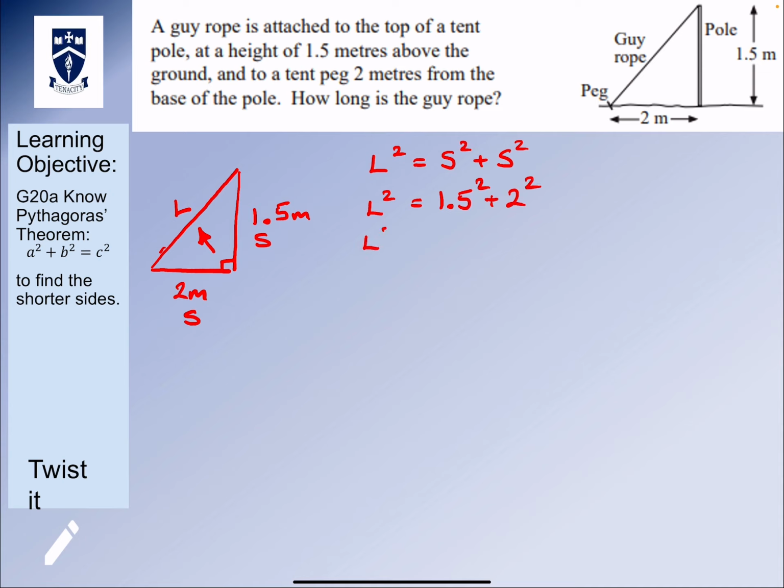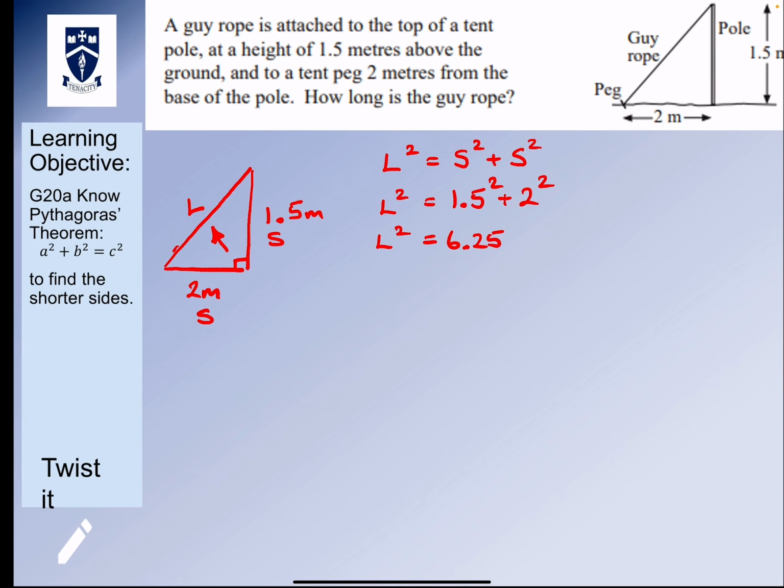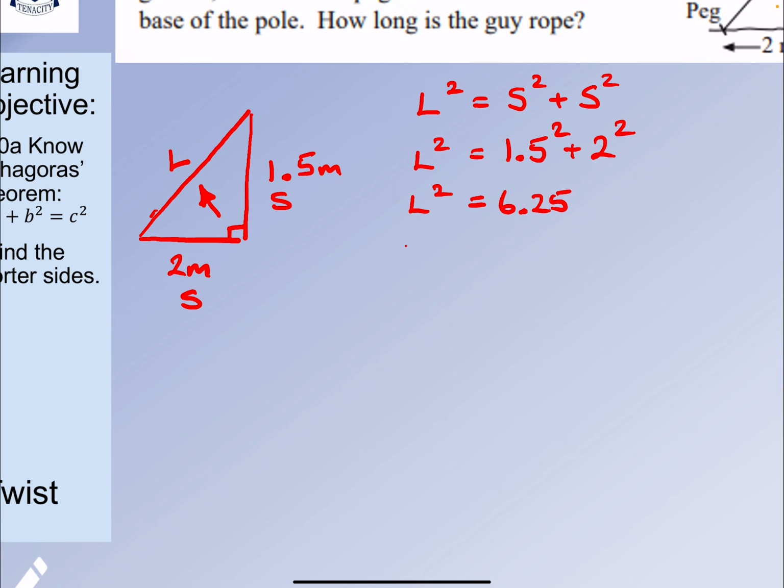Your calculator's going to come in handy now because you're going to type all the numbers into your calculator. 1.5 squared, add 2 squared, and I'm going to press equals on my calculator, and I end up with 6.25. So L squared is equal to 6.25. However, I need to find out the length of the rope. So remember, the opposite of squaring is square root.